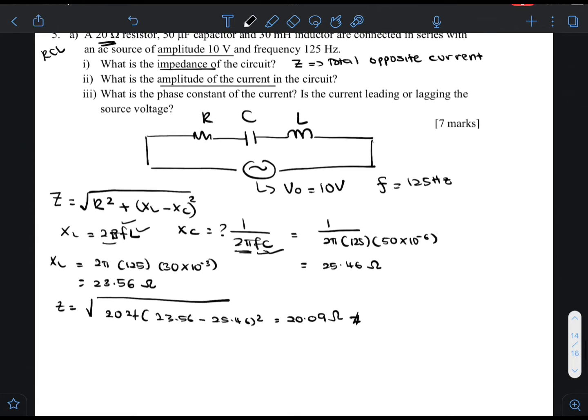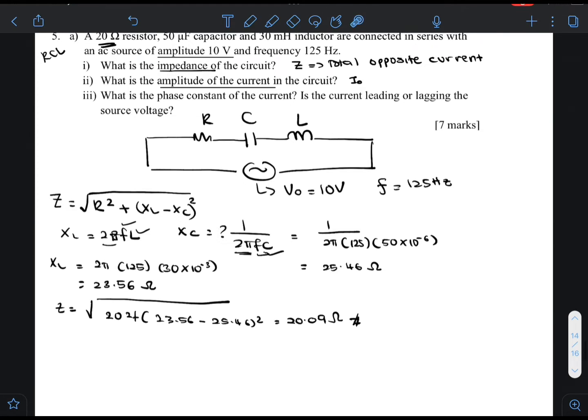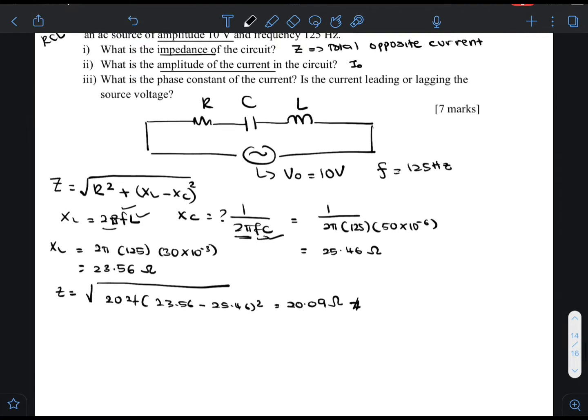So soalan minta amplitude. Amplitude of the current here adalah I0, maximum current lah. Okay, so as you can see in the question, we have been given the value of the V0 dekat sini. Nilai V0 ada diberi dalam soalan. So based on that, we can use the basic Ohm's law, V is equals to IR.